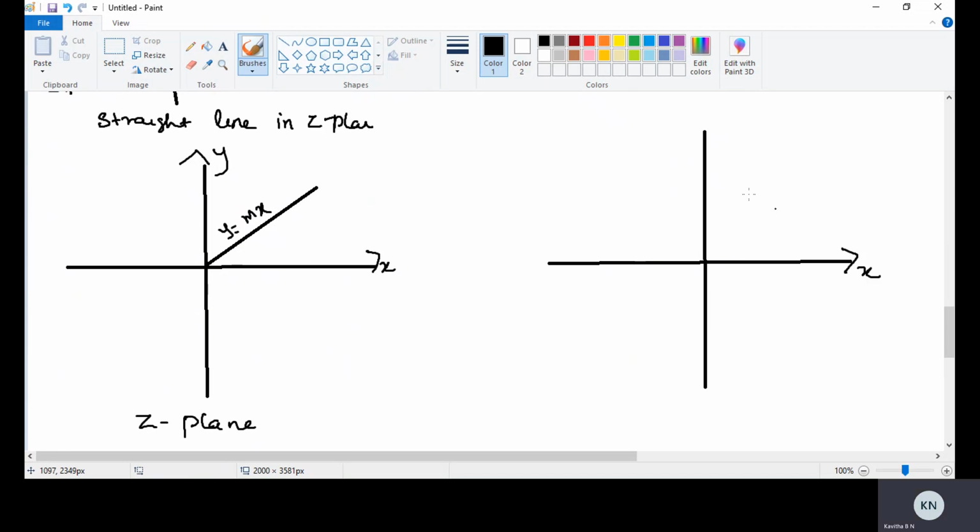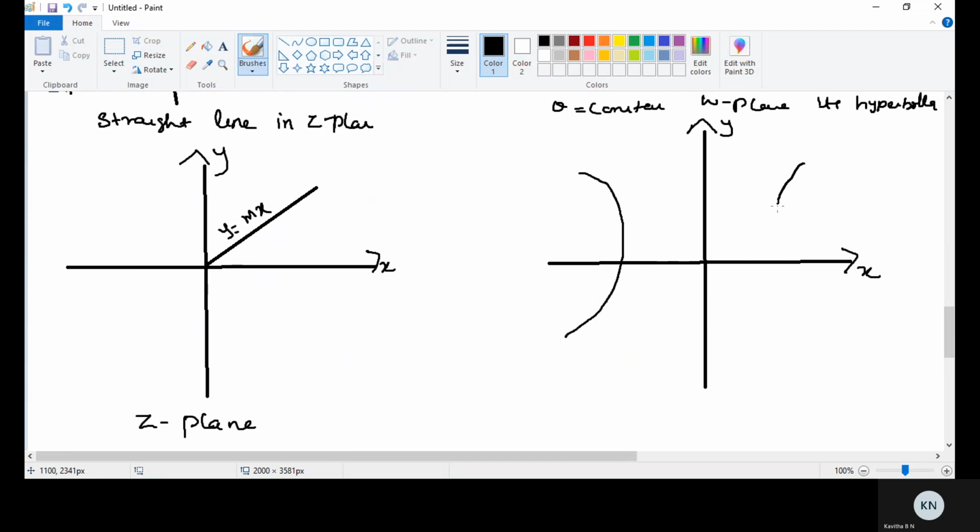This is the x-axis, this is the y-axis. Theta is a constant, in the w plane it is a hyperbola.